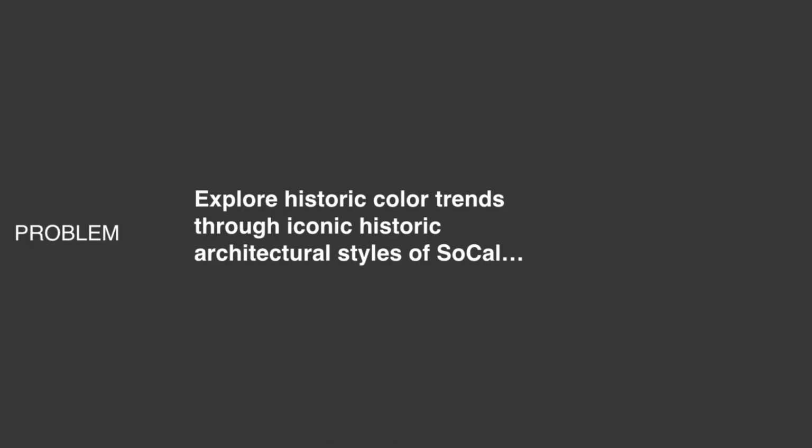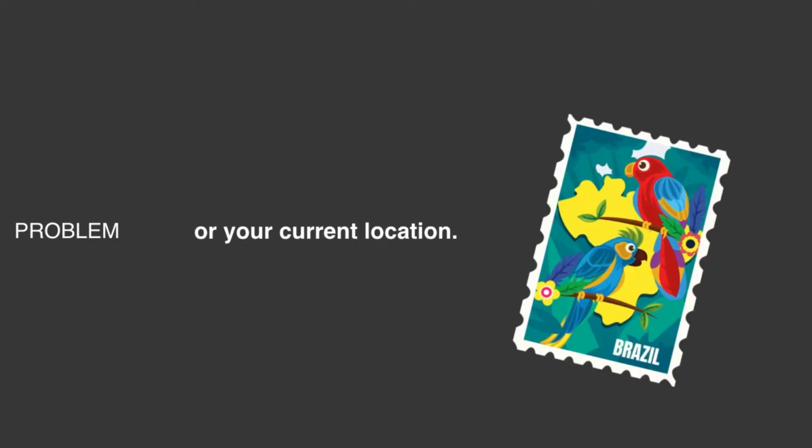The problem that you're solving is to explore and understand and present color trends, historic color trends, through architectural styles of Southern California, or your current location if you are not in Southern California. If you're not in Southern California, you need to let me know where you are, because you will have different architectural styles.